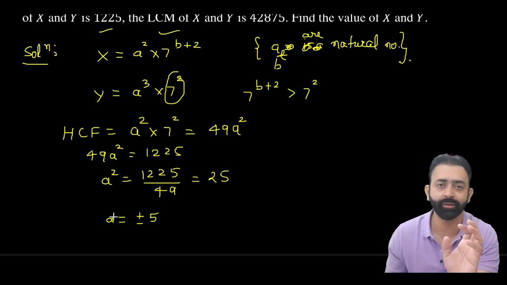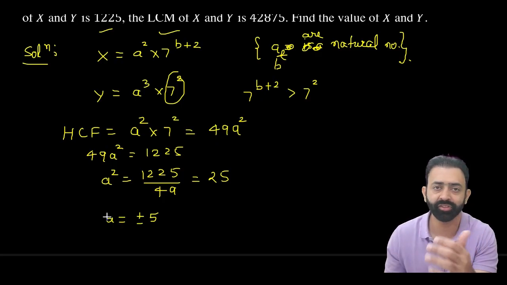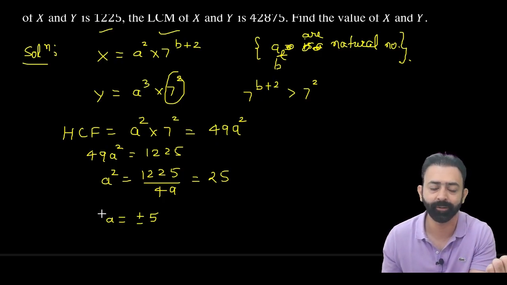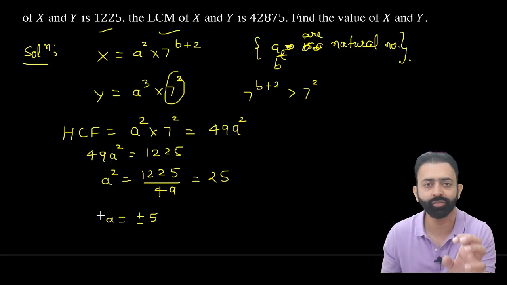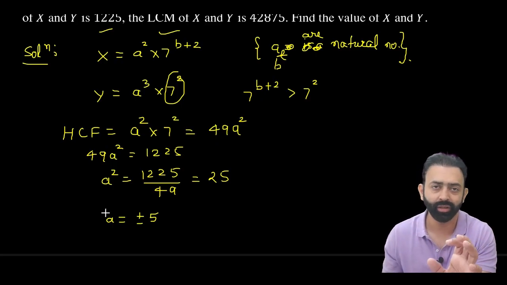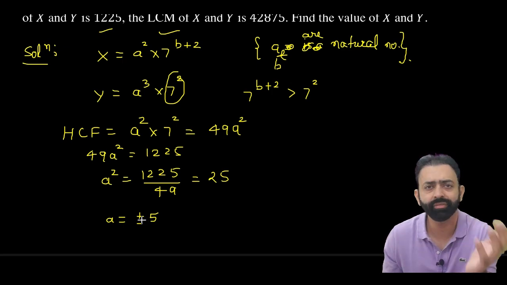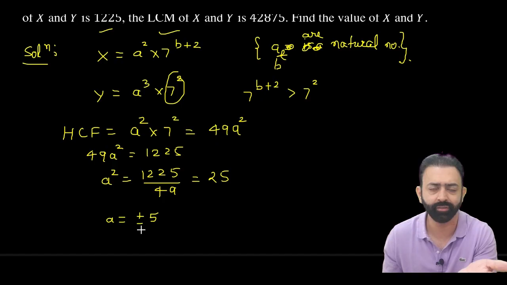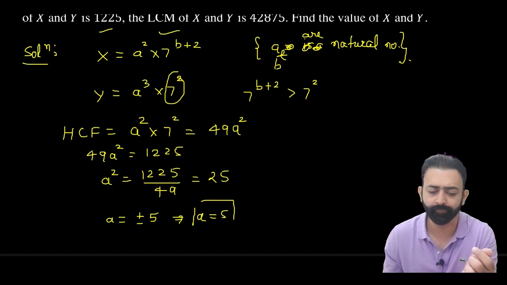Whenever there is some second degree equation and we need to take the square root, always put plus minus outside the square root, right? Now we have to reject one value depending upon the condition given in the question. Since a is a natural number, we cannot take minus 5 as the value of a. Had no condition been given in the question, then we could have taken a as both plus minus 5. But since here a has to be a natural number, we will just take the value of a as 5.